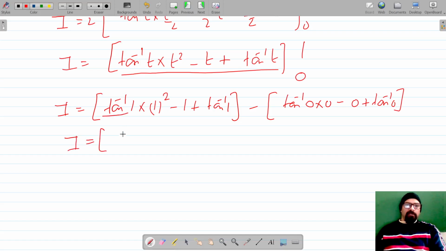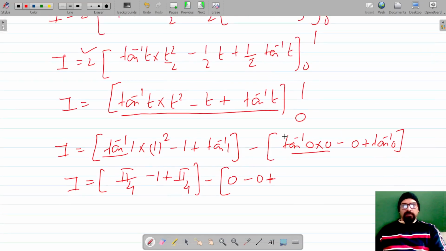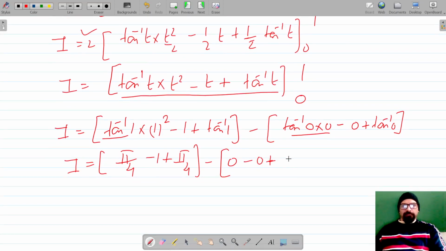So tan inverse 1 is pi by 4, 1 squared is 1, so pi by 4 into 0, and then plus tan inverse 1, which is pi by 4. Minus, tan inverse 0 into 0 is 0, minus 0, and tan inverse 0 is 0.